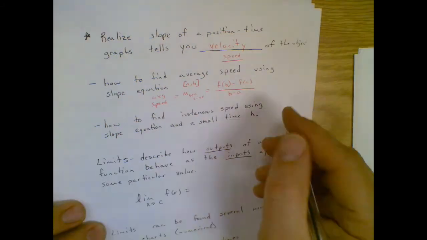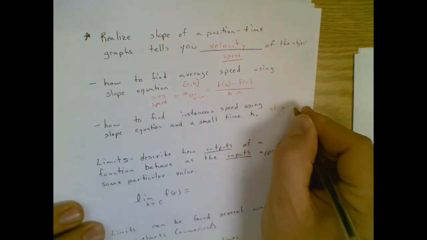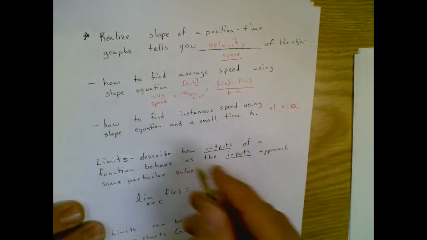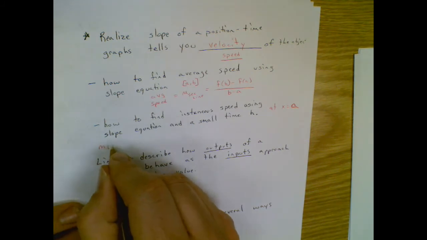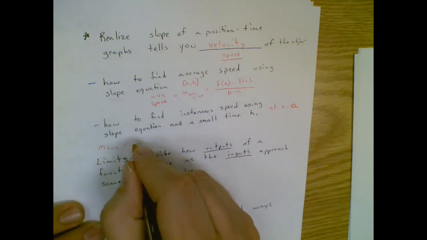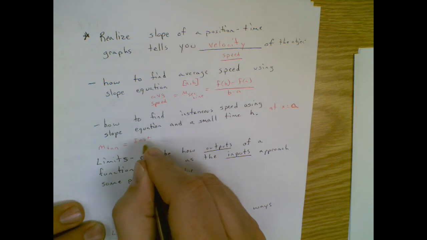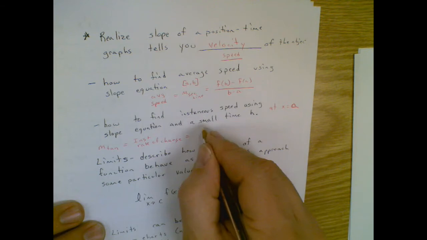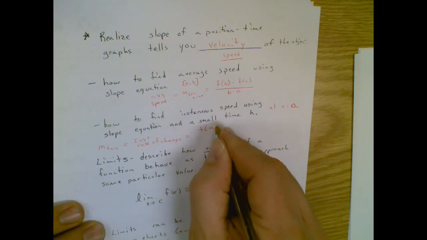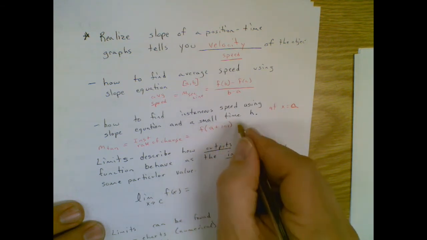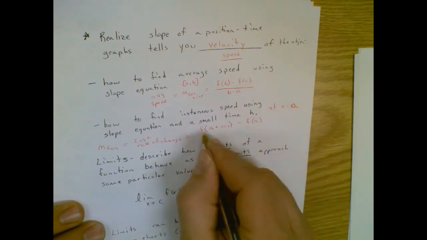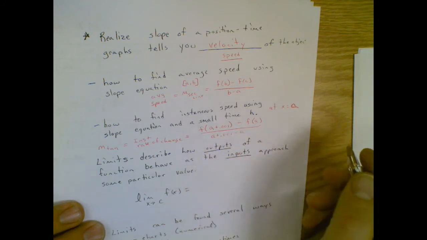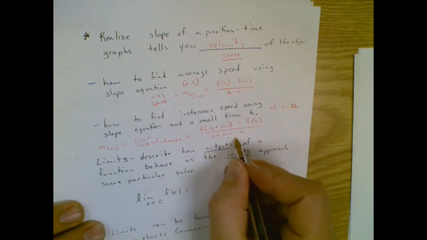We just said at some time x equals c, or x equals a, I think is what we actually said, the slope of the tangent line would be equal to the instantaneous rate of change, which was always the y value at some point a plus 0.001 minus the y value at a all over a plus 0.001 minus a, which we knew all that just makes 0.001.